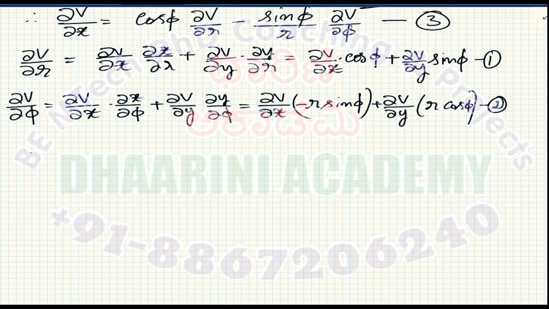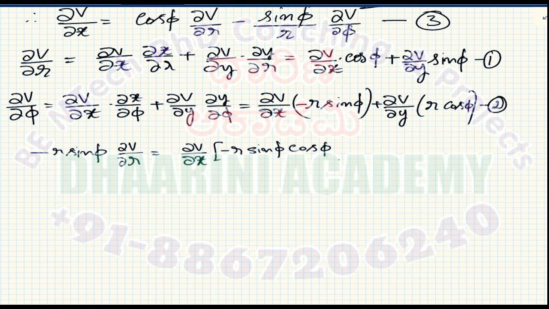So that is minus r sine phi ∂v/∂r is equal to ∂v/∂x into minus r sine phi into cos phi as a first term. The same thing will get multiplied to this, so that is plus ∂v/∂y into minus r sine squared phi.